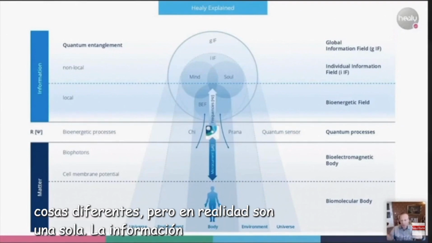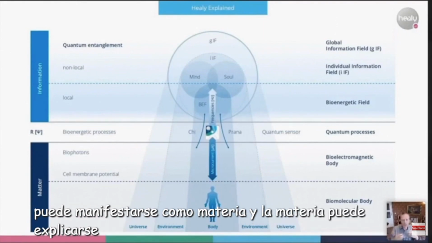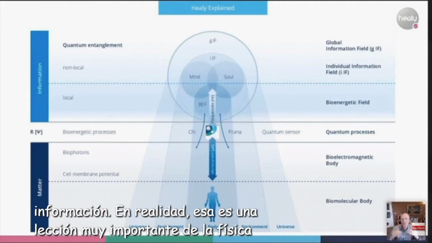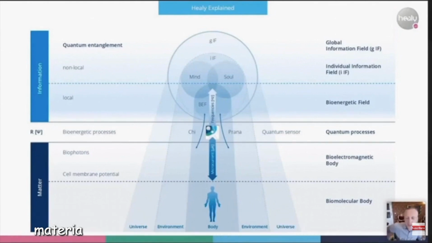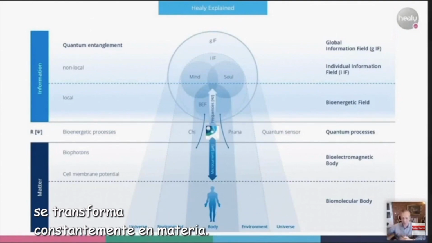Information can manifest as matter, and matter can be explained as information. Actually, that's the most important lesson of quantum physics: that matter on its deepest level is information, and information through energy transforms constantly into matter.